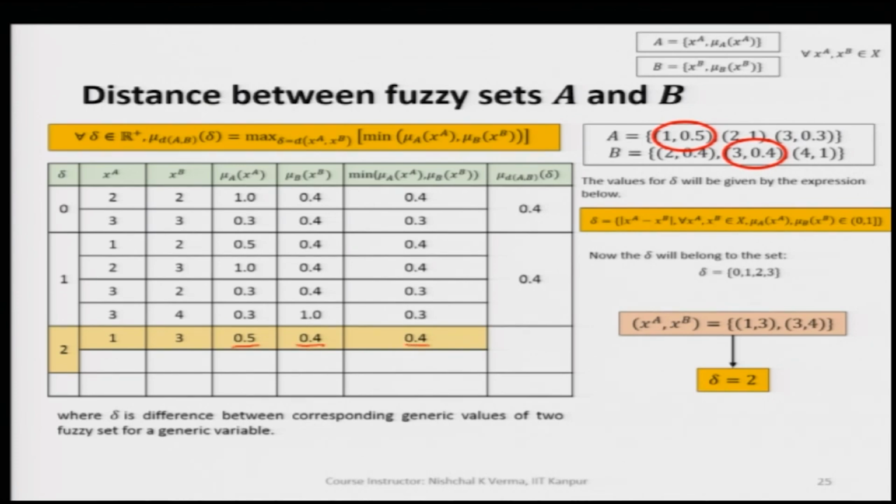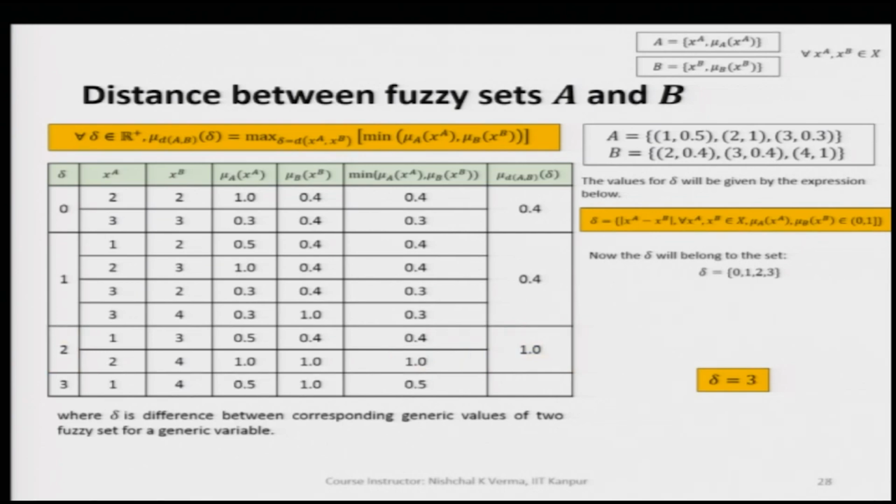When we take min we are getting 0.4, and similarly for the second pair, 2 4, we are getting the corresponding membership values 1 and 1. So, this way all our entries with respect to delta is equal to 2 are complete. And then when we take max we are getting 1, of course, as the max of these two is 1.